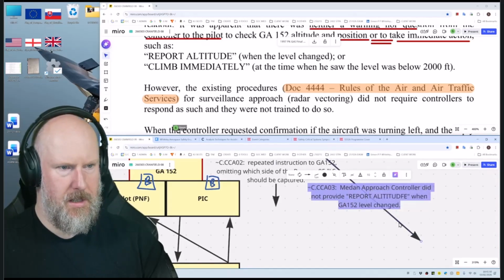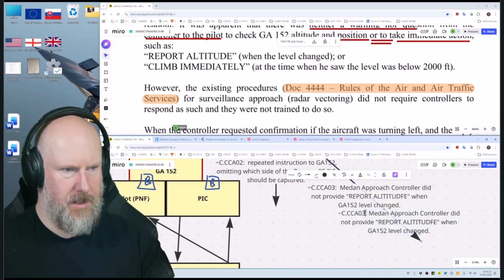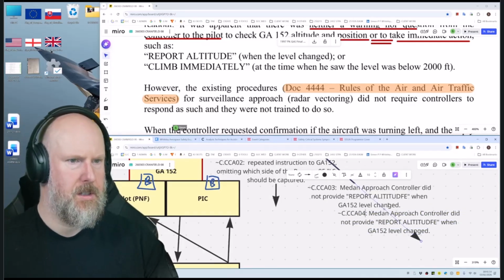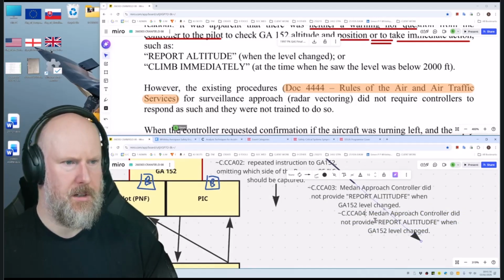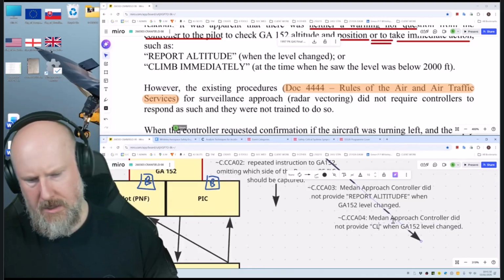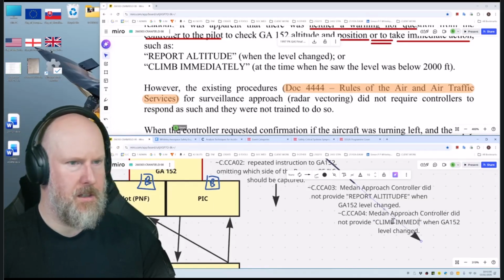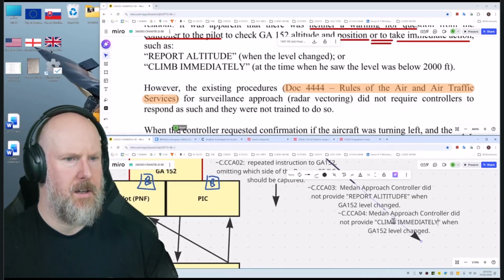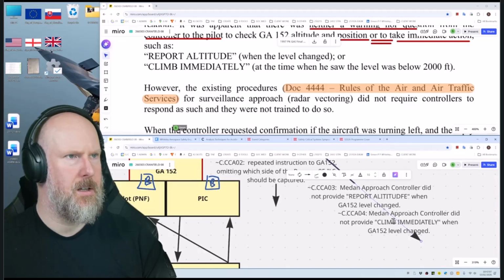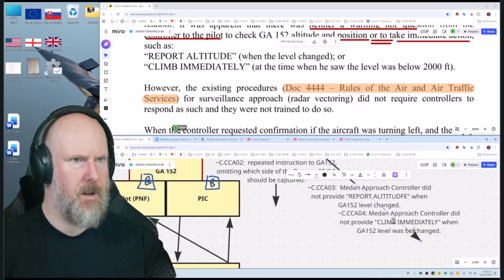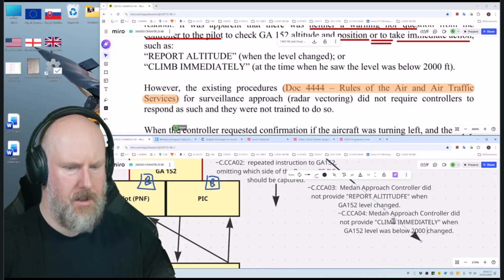Copy, paste, change that to 04. Medan approach controller did not provide climb immediately when GA level was below 2,000 feet.